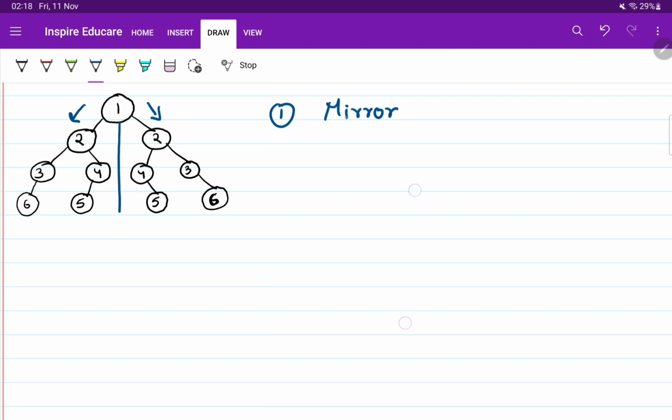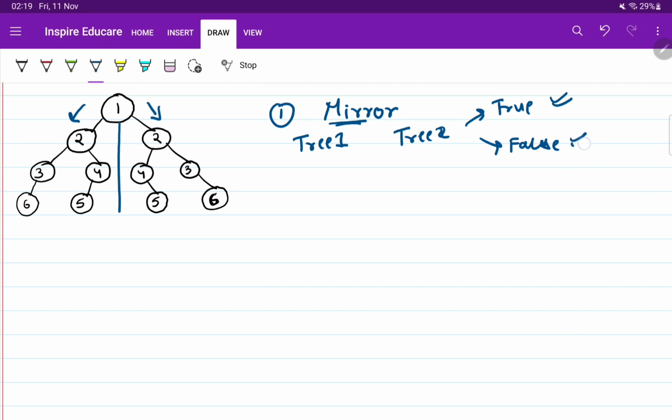What this mirror function does is, I give it two trees, tree 1 and tree 2, and it will return true or false. If these trees are mirror of each other, it will return true, and if these trees are not mirror of each other, it will return false.